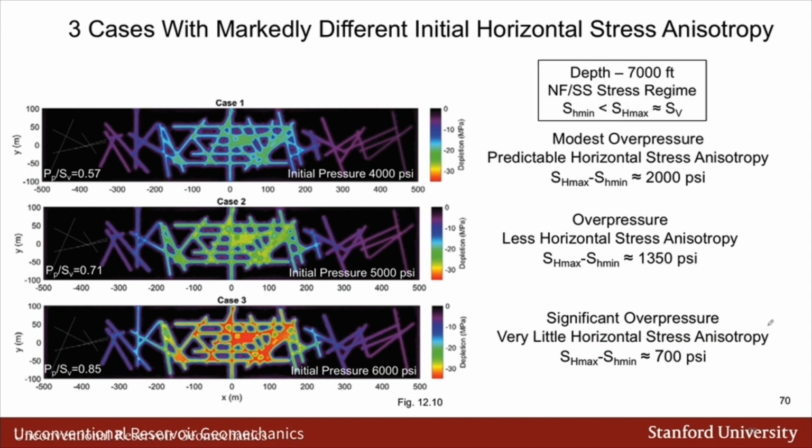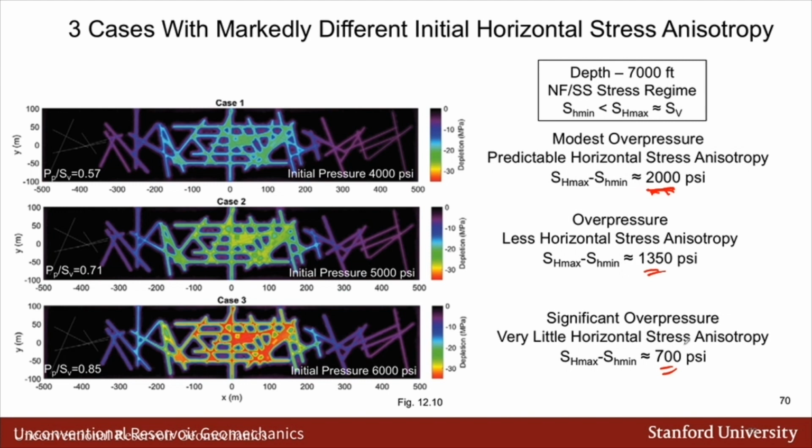Then let's put the pieces together. The initial stress anisotropy for this case, for this strike slip, normal faulting stress state at 7,000 feet, is about 2,000 psi. We can derive that a variety of ways. It's quite reasonable. About 1,350 in this case, and about 700 in this case. So much less horizontal stress anisotropy.